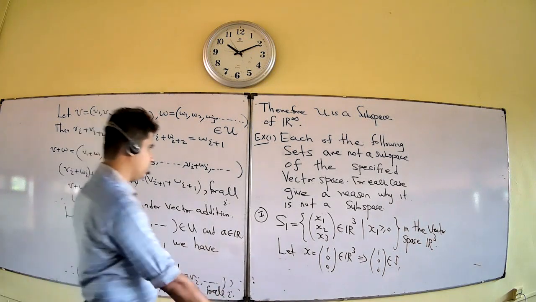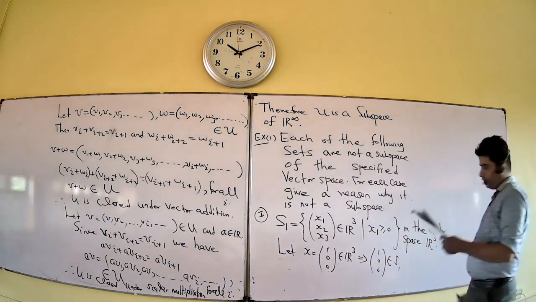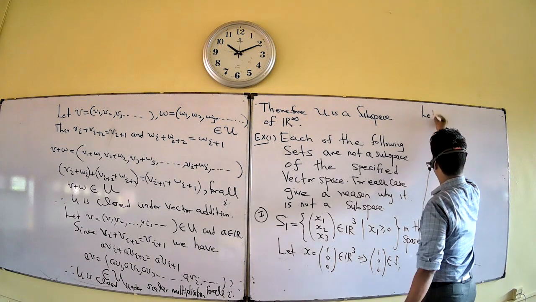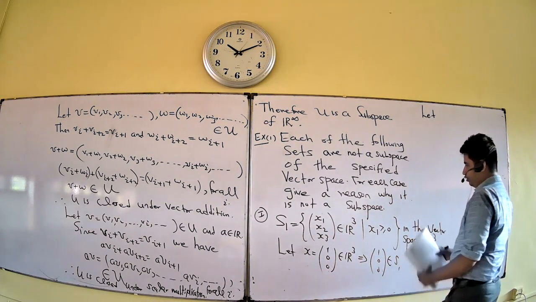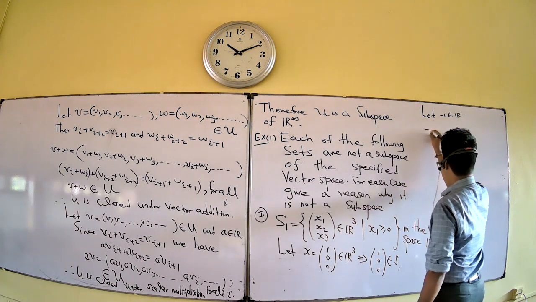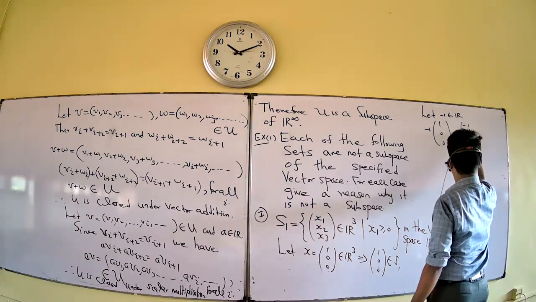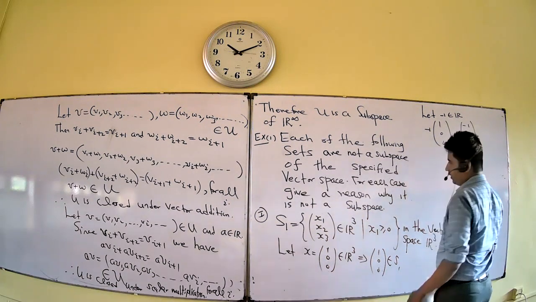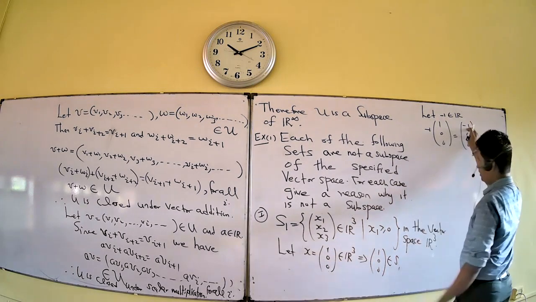Now you check the scalar condition. You take a scalar, because they asked to show that this is not a subspace. Let -1 belong to the real numbers. Then -1 times (1, 0, 0) is (-1, 0, 0). This does not satisfy the condition, because s1 must be greater than or equal to 0, but here s1 is less than 0.